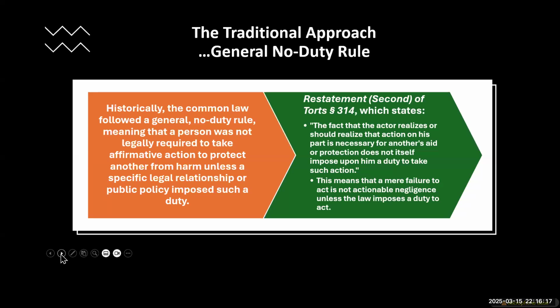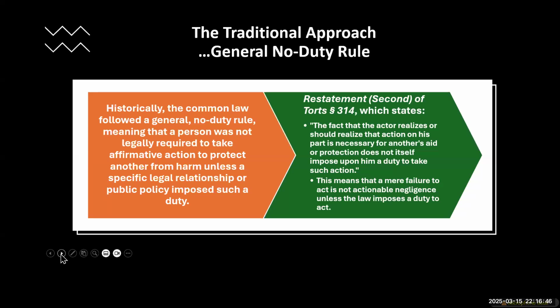That's the traditional approach. Historically, the common law followed a general no duty rule, meaning that a person was not legally required to take affirmative action or to not act to protect another from harm unless there was some specific legal relationship or some public policy imposed. How was that captured in the Restatement?